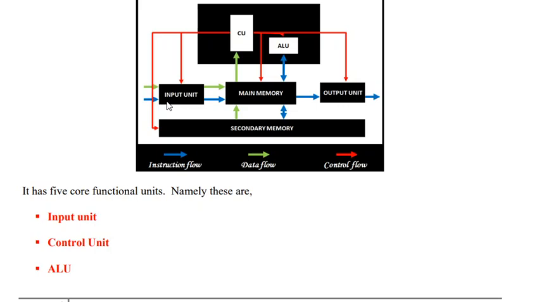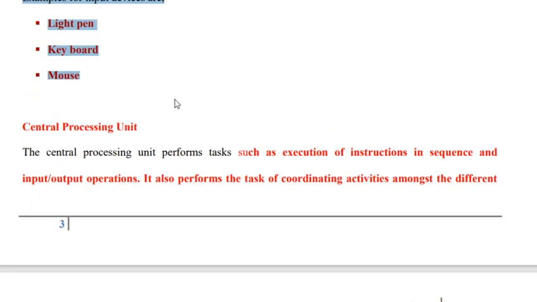Now, once the set of instruction and data has been read and placed in the memory, we need to perform operation on that particular data using the instructions. That is performed by the central processing unit.